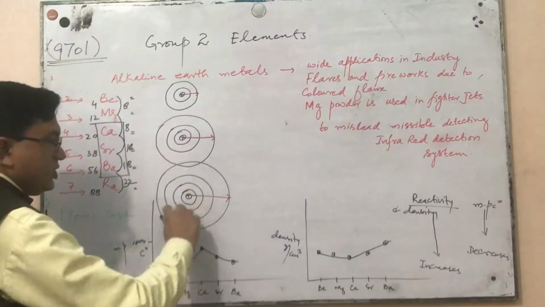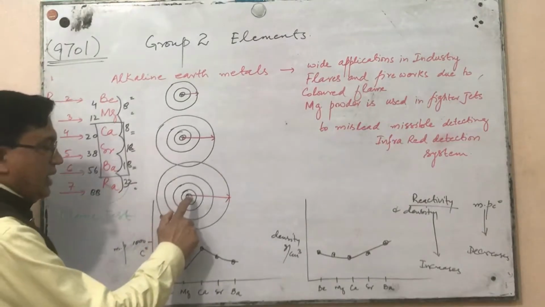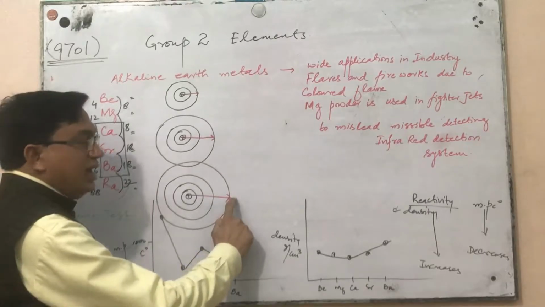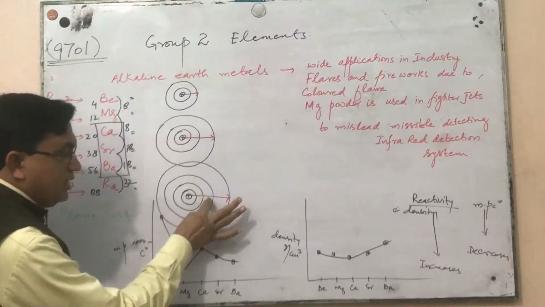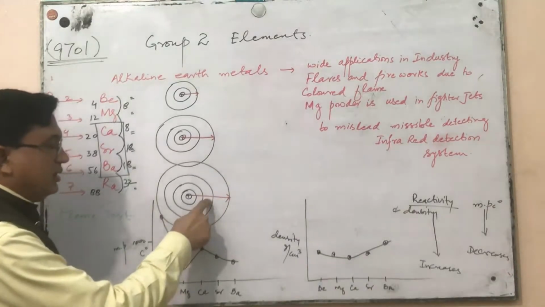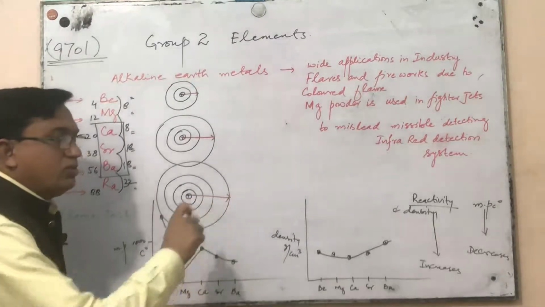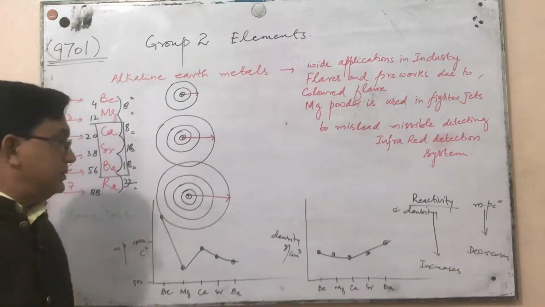These underlying shell electrons, while revolving, interrupt the force of attraction of the nucleus on the last shell electron, and this interruption, by decreasing the force of attraction between the nucleus and the outermost shell electron, is called the shielding effect.